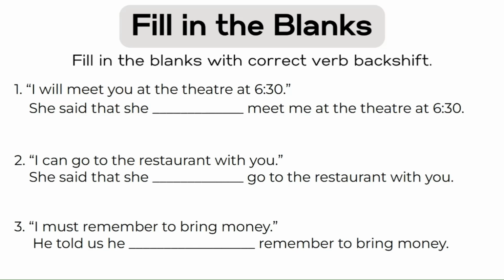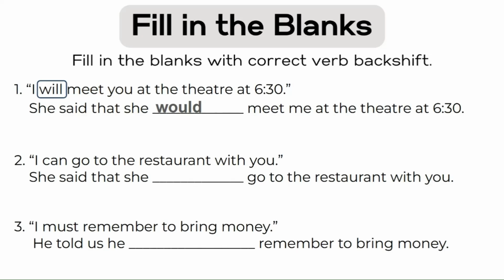Let's take a look. At number 1, the modal in the direct speech is will. So the correct answer is would. I will read number 1 and feel free to read along with me to practice your fluency. She said that she would meet me at the theater at 6:30.